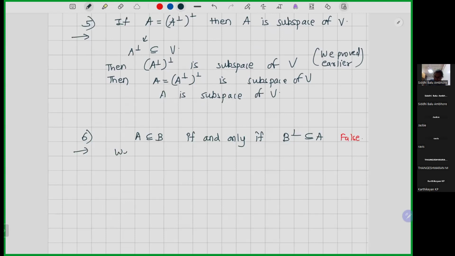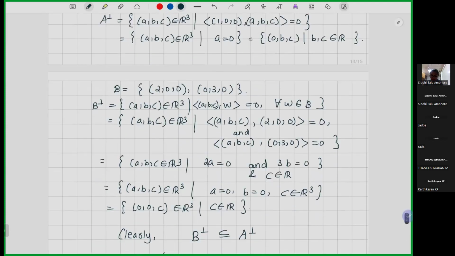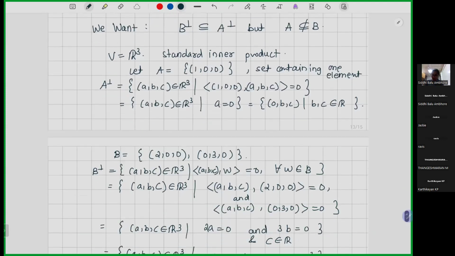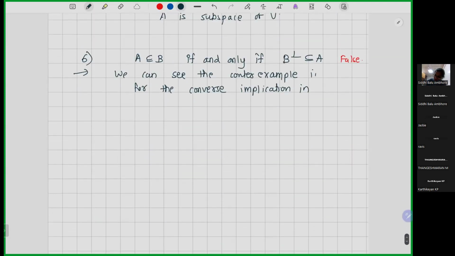We can see the counter example for the converse implication. In, I guess, the third was the one where we gave a counter example, right? Not third, the second one, in 2, for the converse implication.